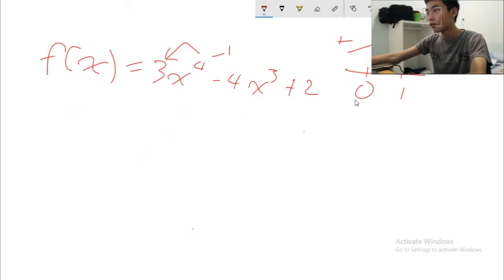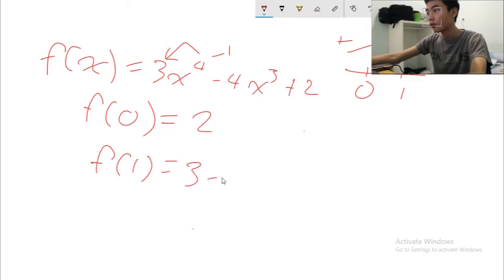Because x equals 0 in here, we could just make it quick calculations, which means f(0) equals 2, because this is the only number that isn't affected by x. And if we make it f(1), it means 3 minus 4 plus 2 equals 1. With this, we have found the y coordinates for each of these.